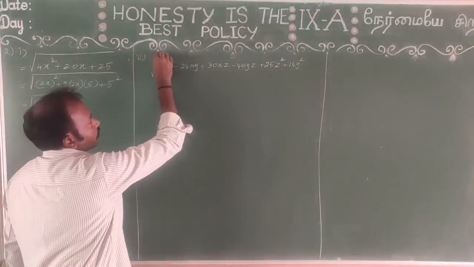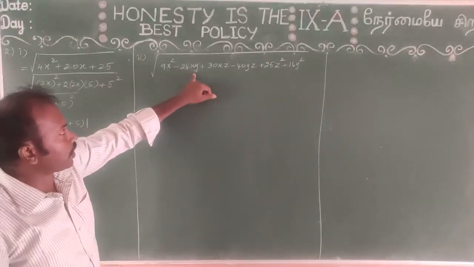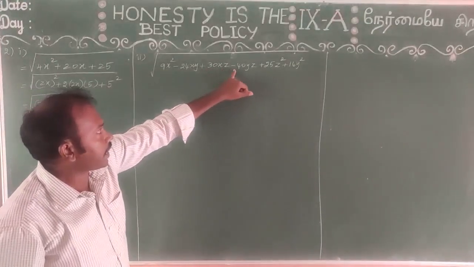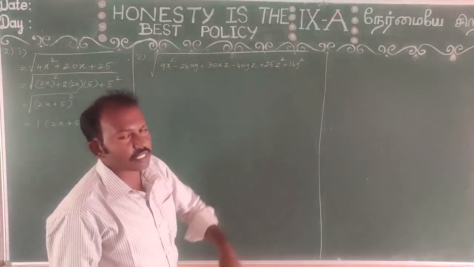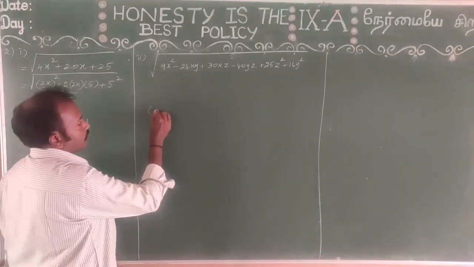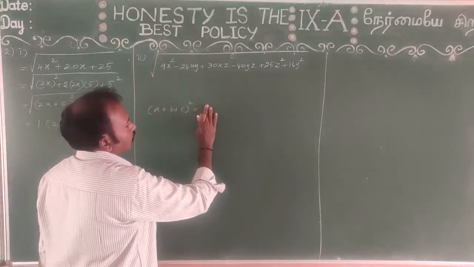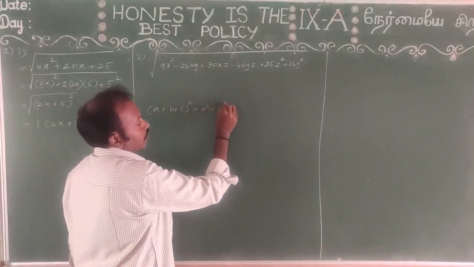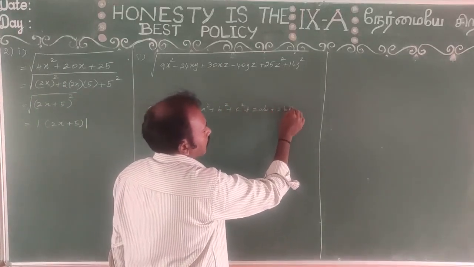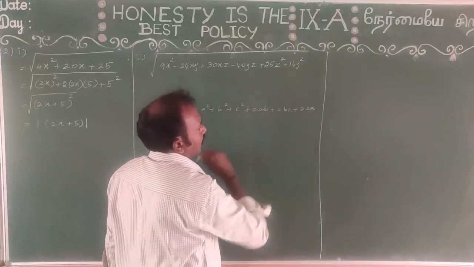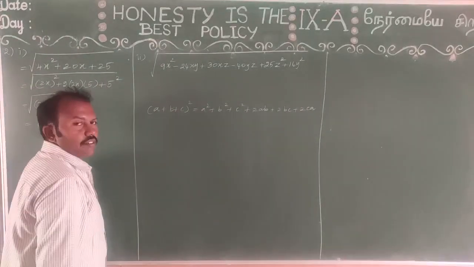That's all. Next one, second solution. Square root of 9x square minus 24xy plus 30xz minus 40yz plus 25z square plus 16y square. That is a plus b plus c the whole square is equal to a square plus b square plus c square plus 2ab plus 2bc plus 2ca. The right side is in this format, so we can convert the left side.